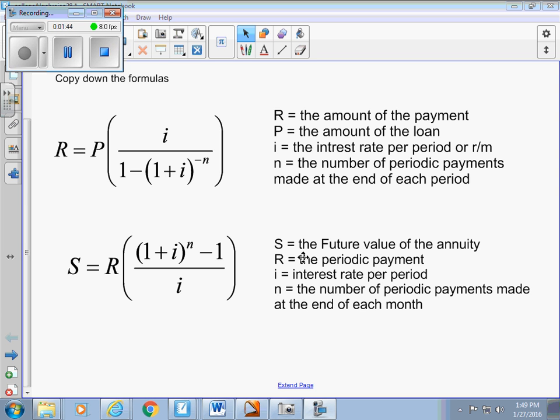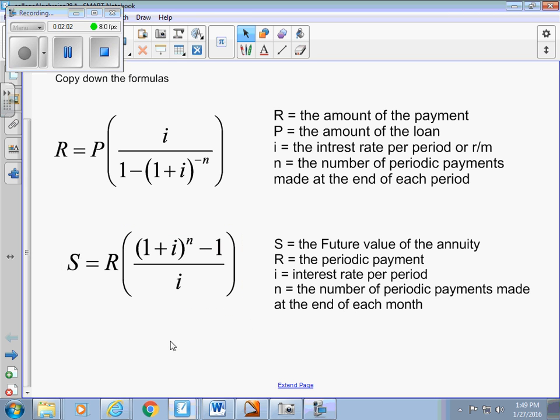You put maybe $1,000 in, but then you put maybe $100 in a month or something like that. That's what this formula is for. R is the periodic payment that you're putting in. I is the interest rate per period, still R divided by M. N is the number of periodic payments. S is the future value of the annuity.